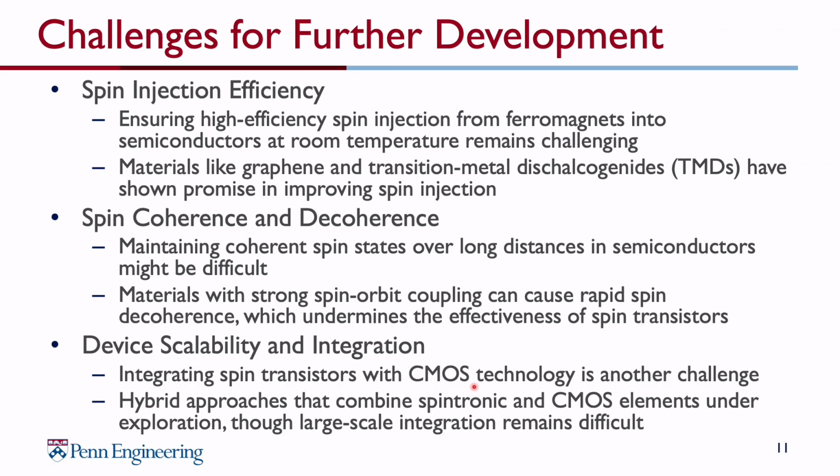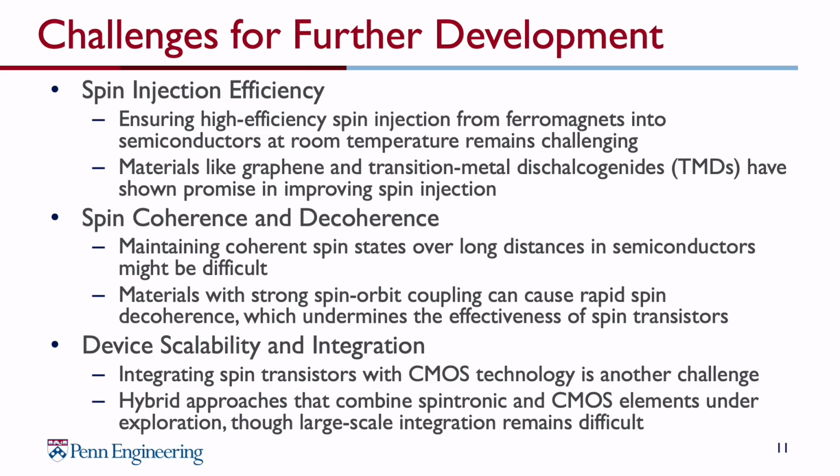Still, we have several challenges such as spin injection efficiency, spin coherence and decoherence, and device scalability and integration. Recent developments are focusing on materials like topological insulators and 2D materials, which exhibit better spin-orbit coupling properties and longer spin coherence times.